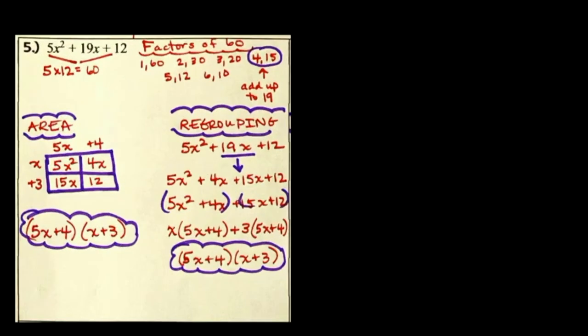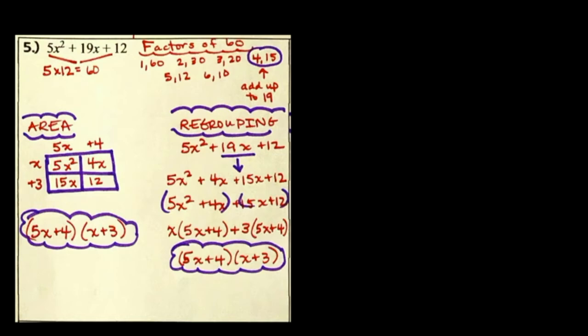Hey, Aaron. As I was looking at your work, I wanted to point out a mistake that I saw, and it was a common one, actually. So when you multiplied over here, you noticed that 5 times 12 was 60, which I completely agree with. And you can see I listed out all of these factors of 60 over here. And what we talked about previously was that those factors have to add up to 19.